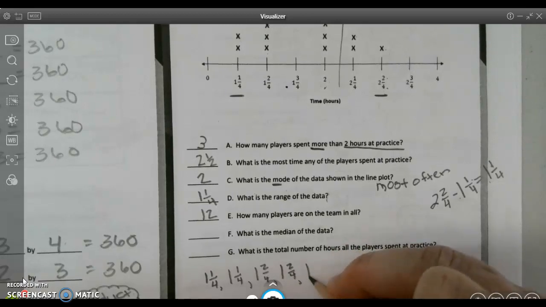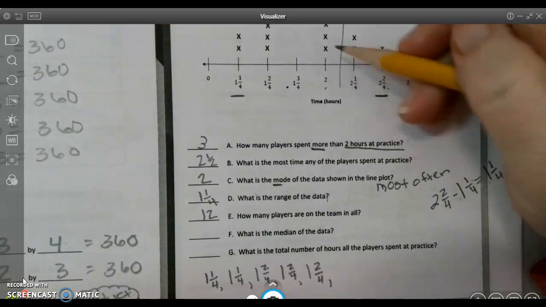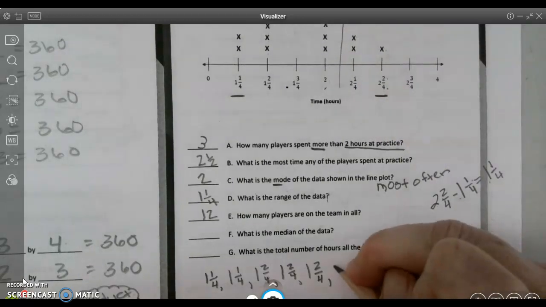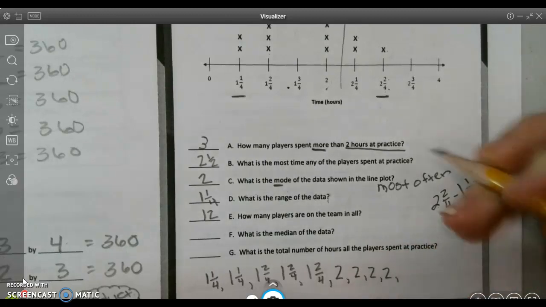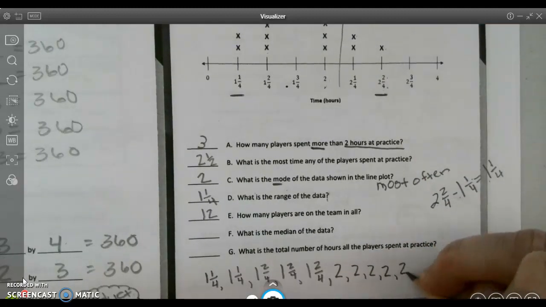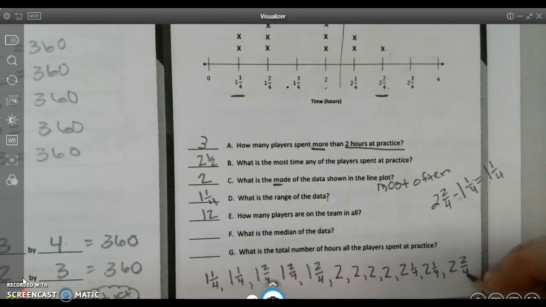We have 3 of those. Then I have 1, 2, 3, 4 2s. Then I have 2 2/4, and I have 1, 2, and 2/4.